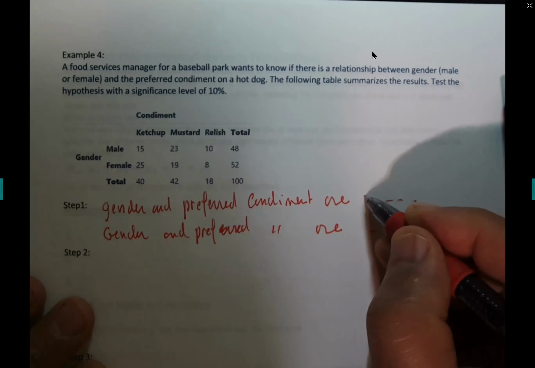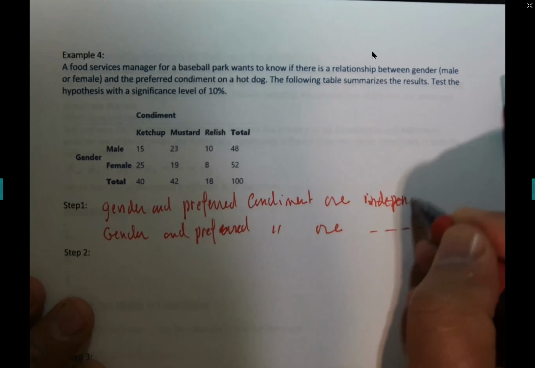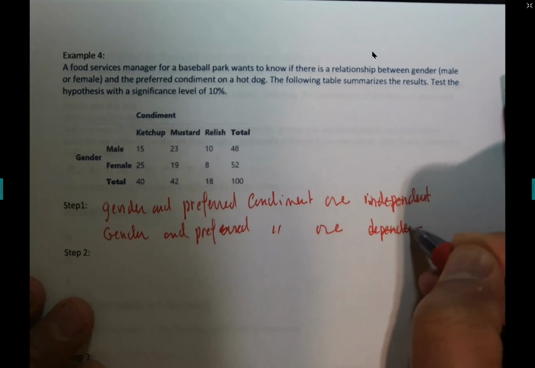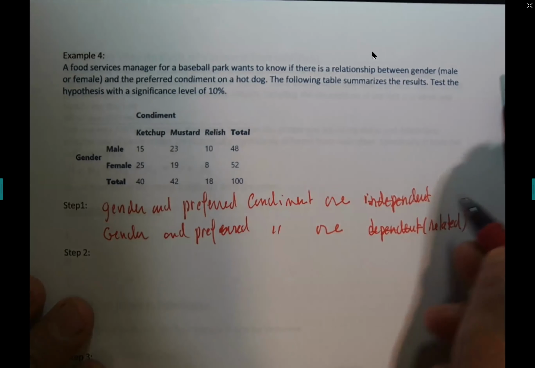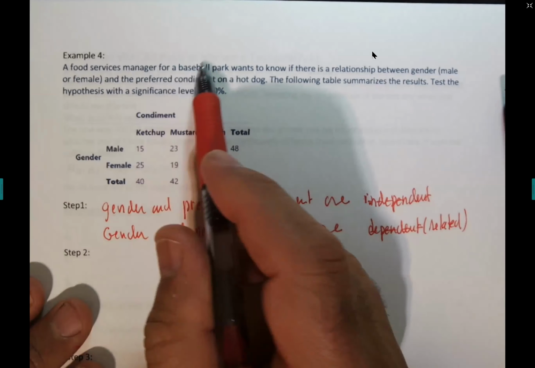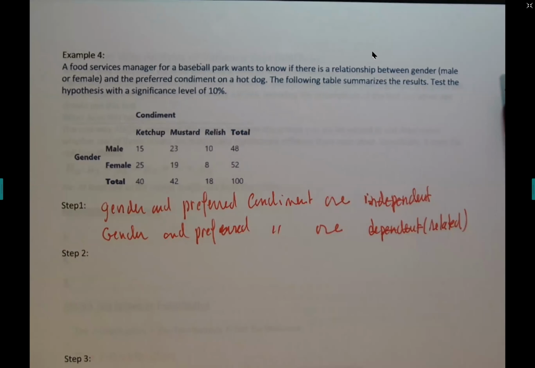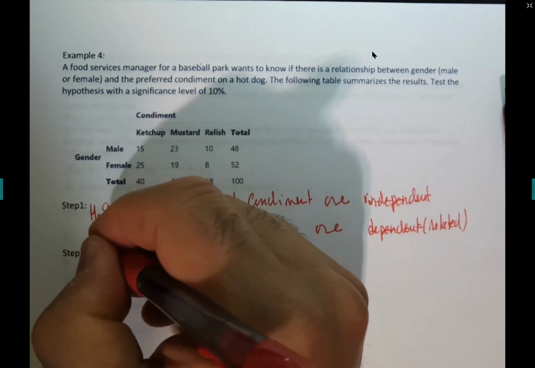What do we use here? Independent. And here what? Dependent or related, guys. It's the same thing. Dependent means related. Okay, what does he want? He wants to know if there is a relationship. So what do you guys think the claim is? Dependent. Yep.